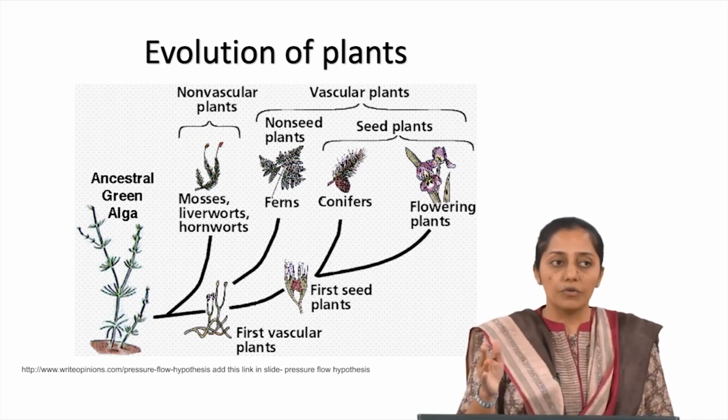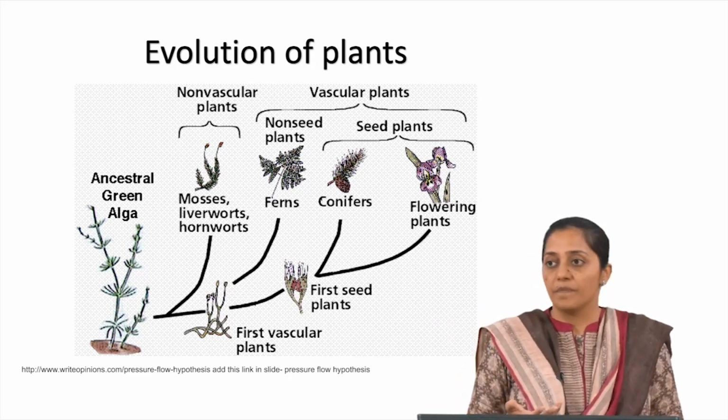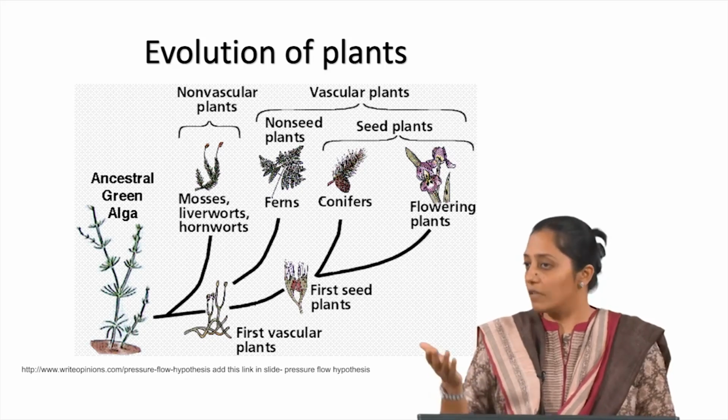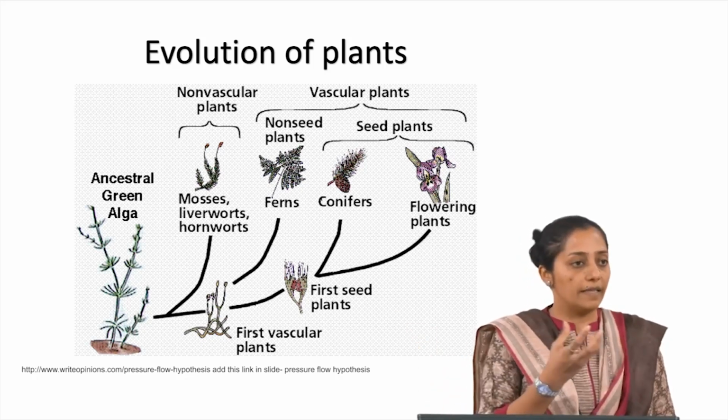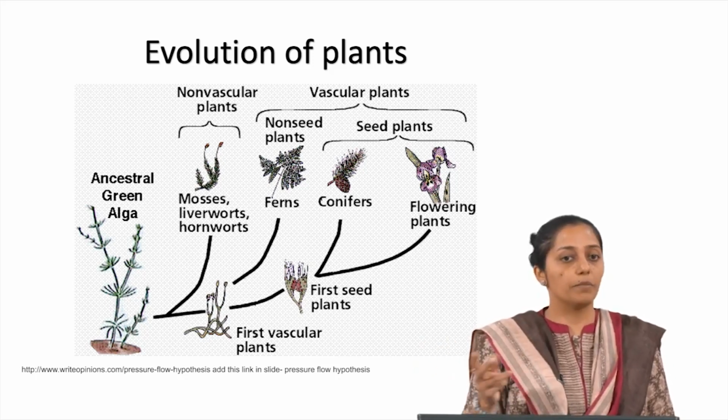Then with evolution, for higher order functions of survival, they became vascular in nature, which means getting the vascular bundle, xylem and phloem. So now conducting of water and minerals could happen.